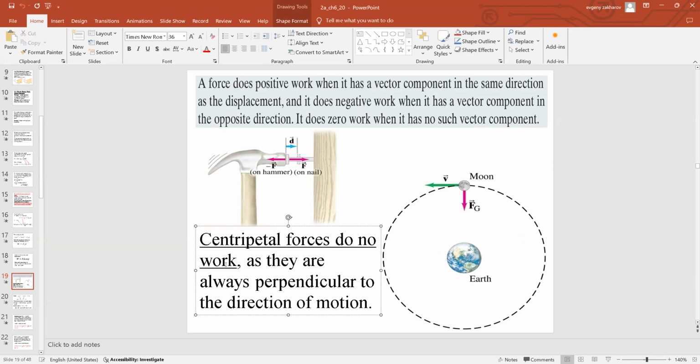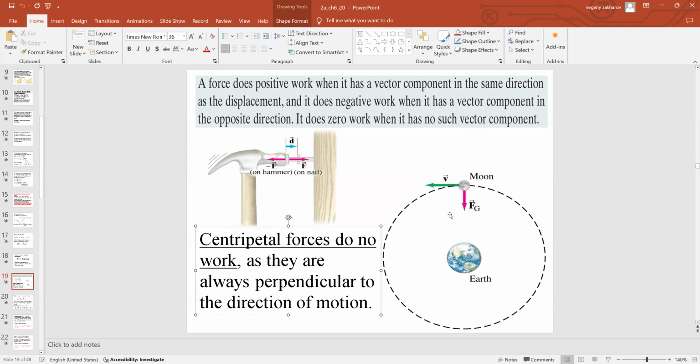And one more application of the definition of work right away, so that you keep in mind a very important principle about centripetal forces. Remember, last chapter we discussed circular motion.